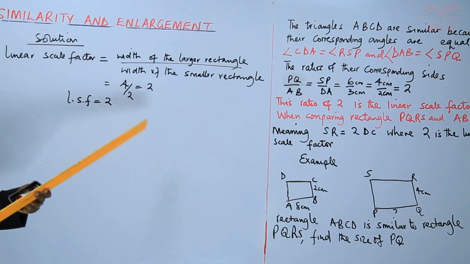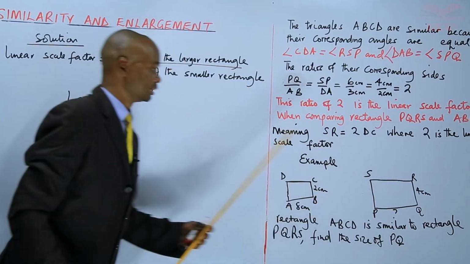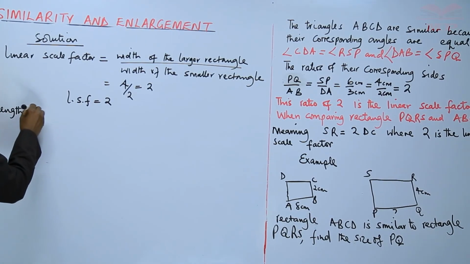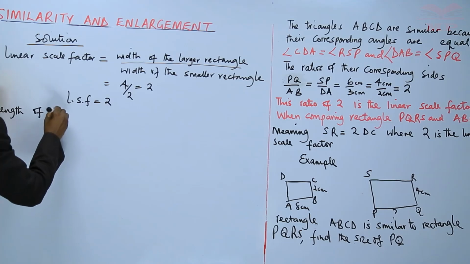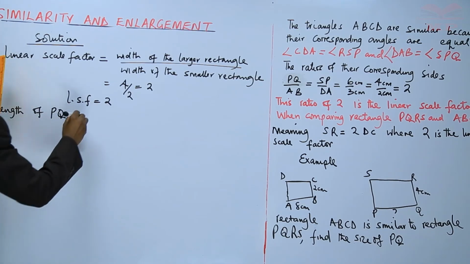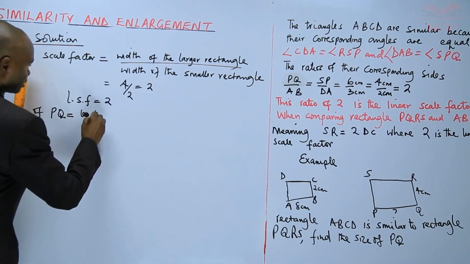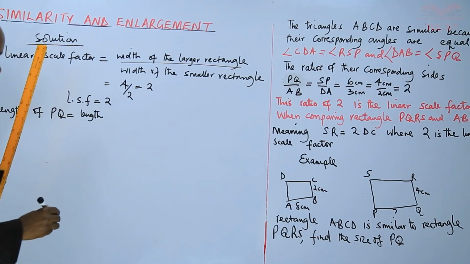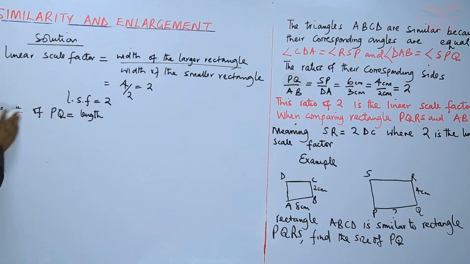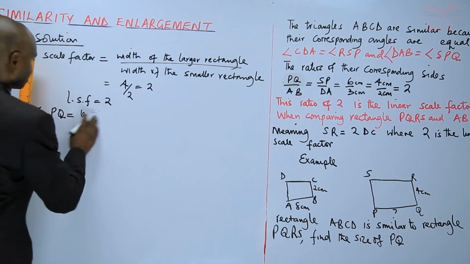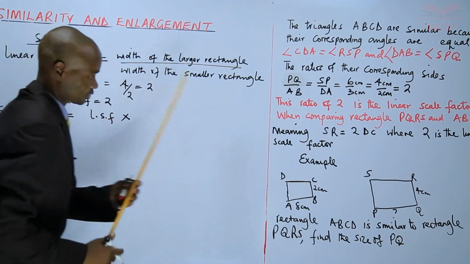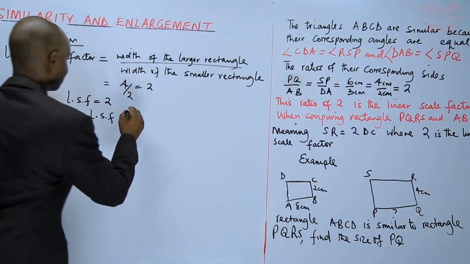If you want to get the length of the bigger one, the size of PQ is equal to the linear scale factor times its corresponding side, AB.